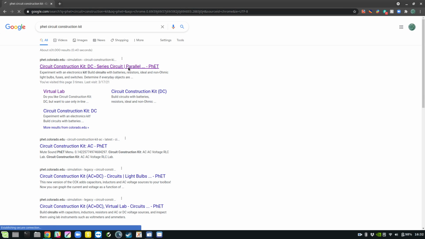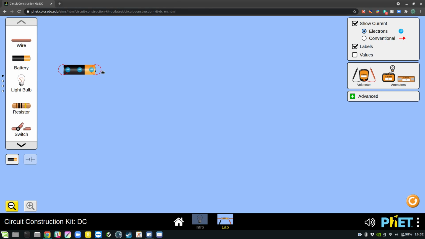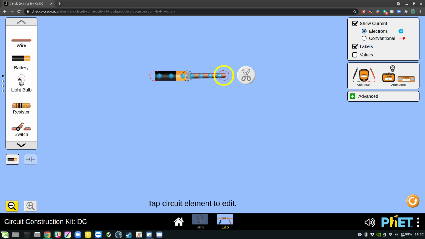So let's go to the simulation tool, and what we'll do is we'll place a battery, and then a wire, and then a bulb, and I'd like a switch just so I can control whether it's on or off, and then another wire to come from the bulb. But now I want a resistor, and let's take a resistor here and then close it with a wire, and let's just see what happens.